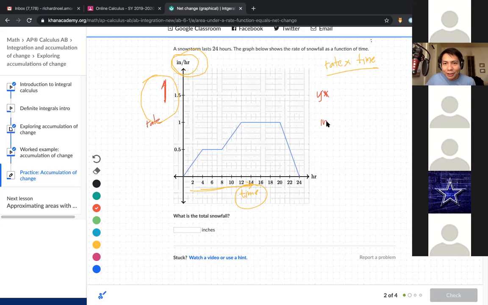What will that give us? You're left with inches. Does everybody get that? So y is inches per hour, x is just hours. So we multiply inches per hour by hours, and that's just going to give us a result in terms of inches. You guys good?